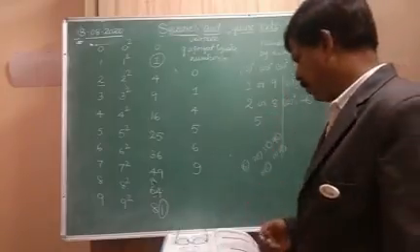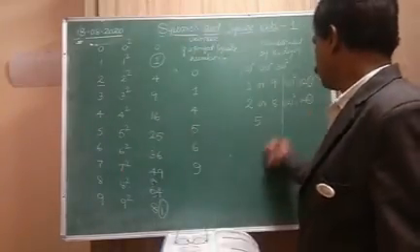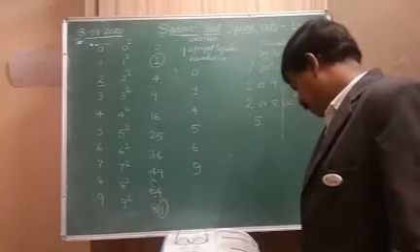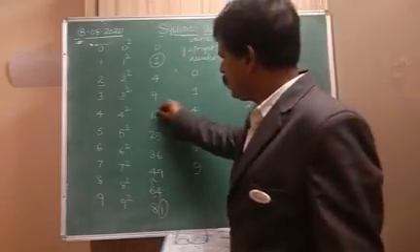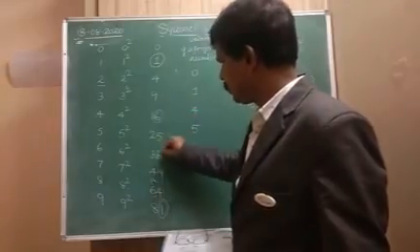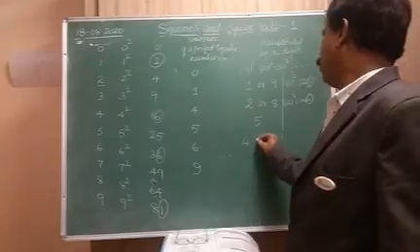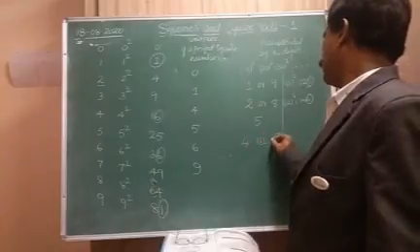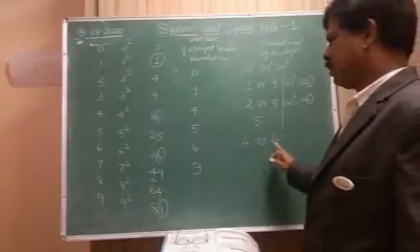Clear? Now, next, look at 6. Here is 6 and here is 6. So which numbers? Numbers ending in 4 or 6.